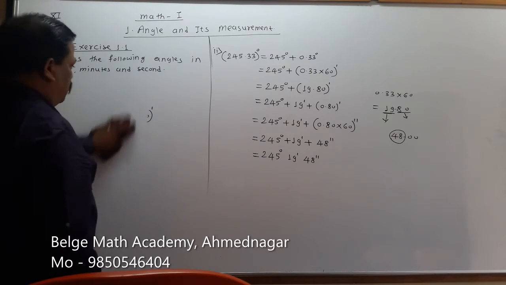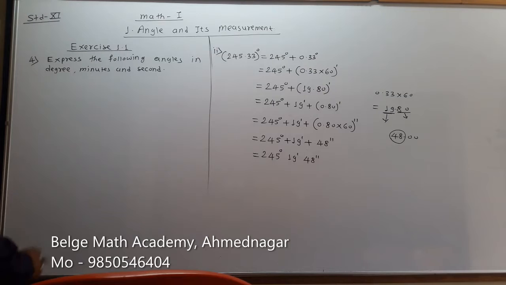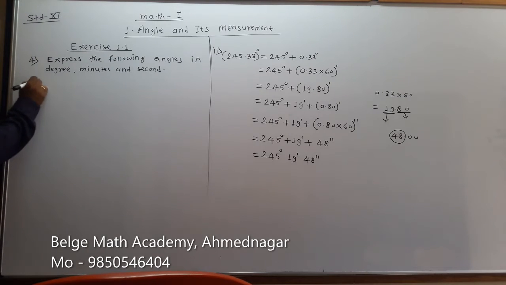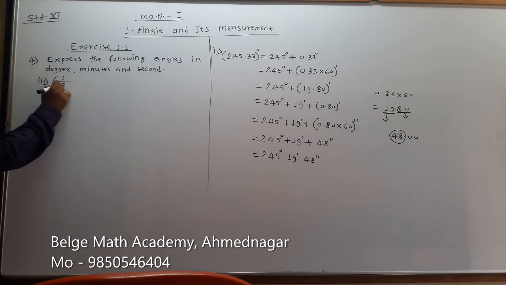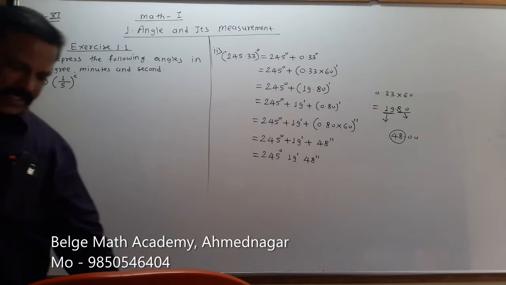Now see the last example under this question, and that example is 1 upon 5 radian.